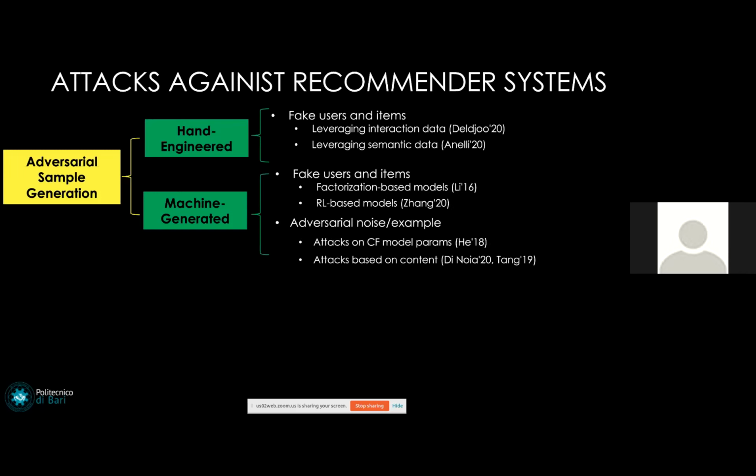And machine-generated attacks, however, could be used to generate fake users and items or to create adversarial noise. In the recommender system community, these categories of attacks are known as hand-engineered shilling attacks. They're also called profile injection attacks, which emerged in 2002, and there are still works on this topic published at major IR and RecSys venues.